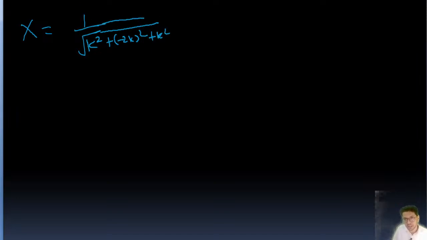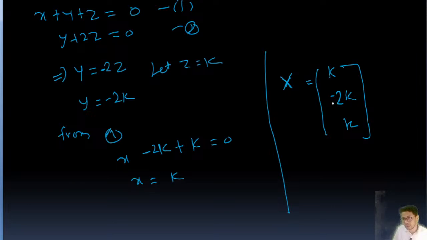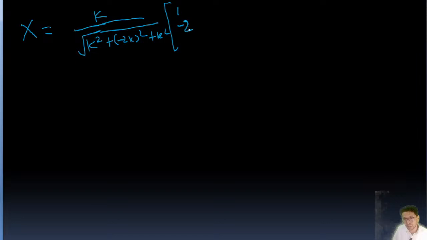And we'll take k outside, so we get 1, minus 2, 1. So x equals 1 upon root 6, because k square taken out from the root cancels the k, times 1 minus 2 1.